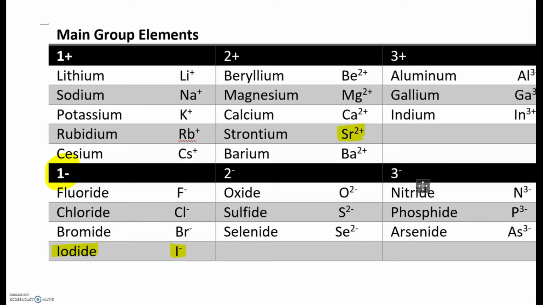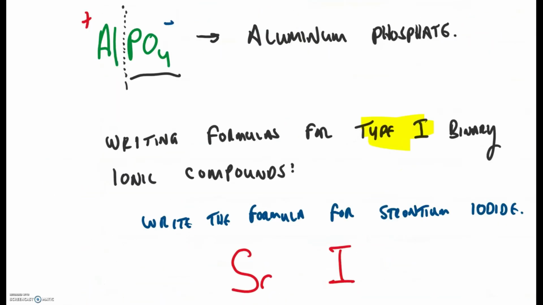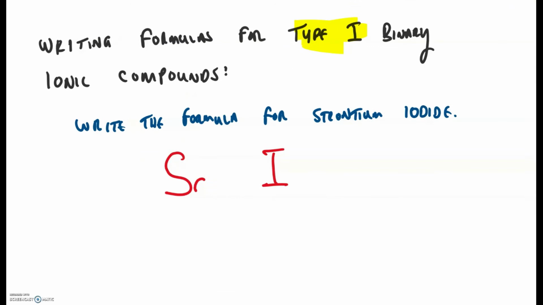So let's put these together. Here are our two elements, and strontium has a charge of 2+, and iodine has a charge of -1. We need these charges to balance out. The overall charge has to be 0.